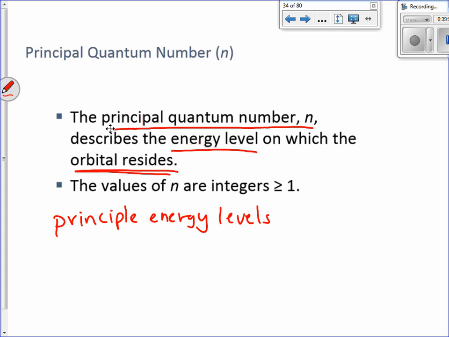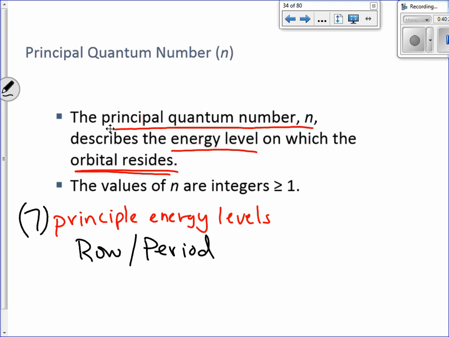The row, yes, on the periodic table. That's what I was hoping to hear. The row you're in on the periodic table, also called the period. How many rows or periods do we have? 7. So there's 7 principal energy levels.